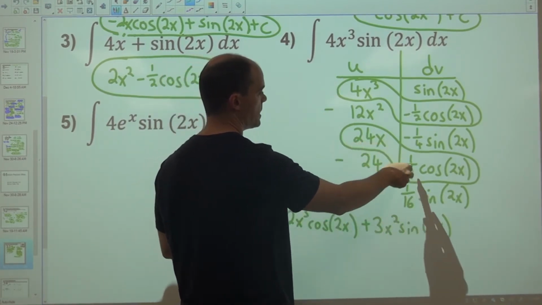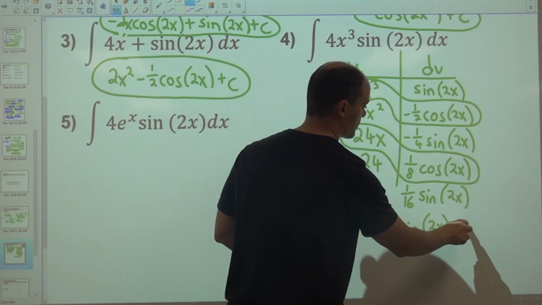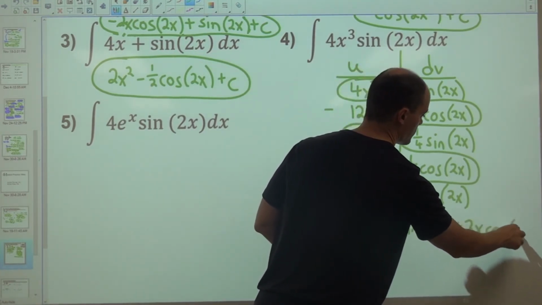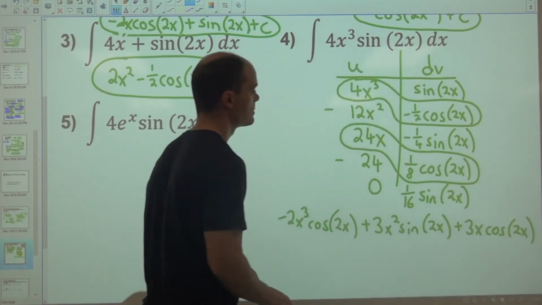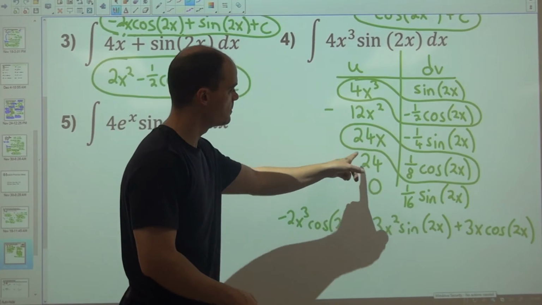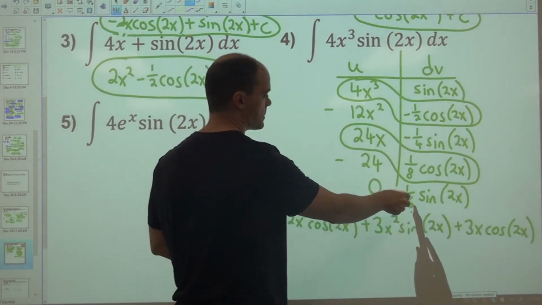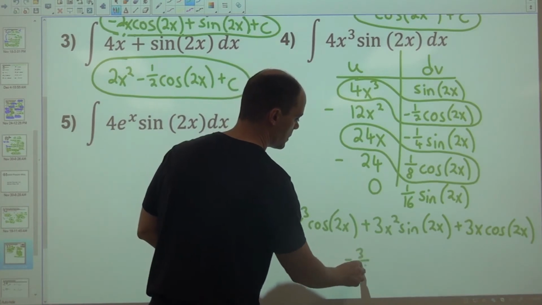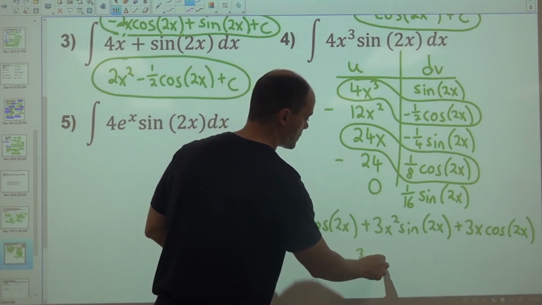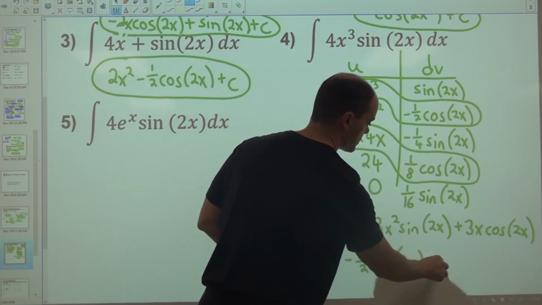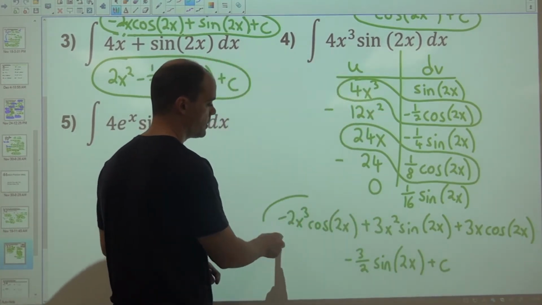This is positive, positive, positive, so I end up with 3x cosine of 2x. And then finally negative, positive, positive. So this will be negative, and this becomes 3 halves. So minus 3 halves sine of 2x plus c. And there we go.